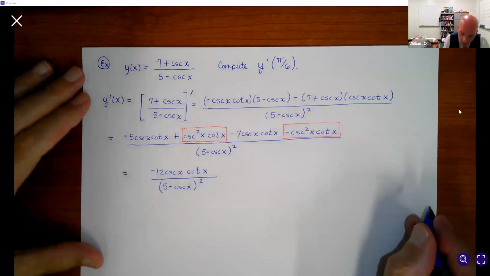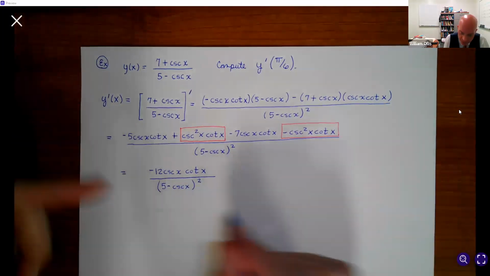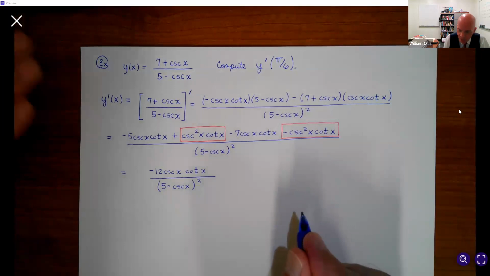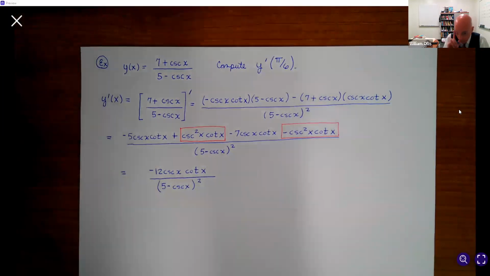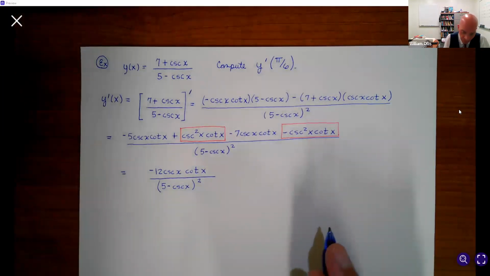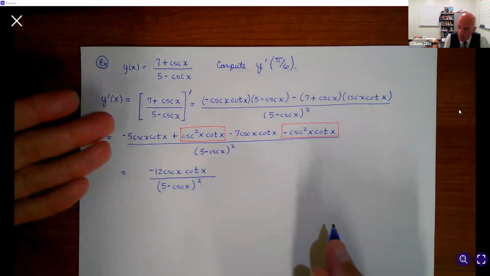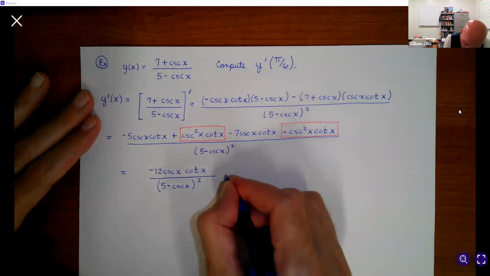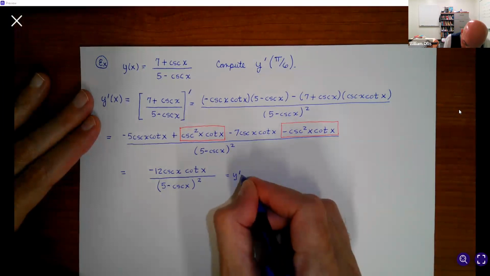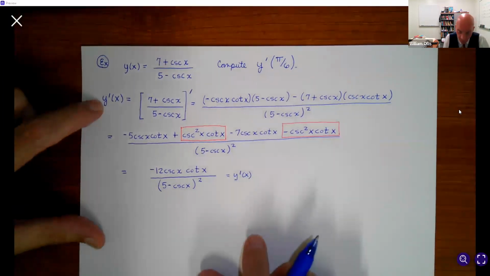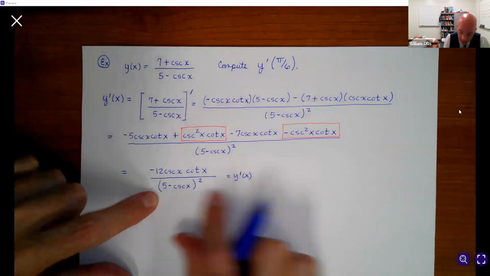So what you can do at this point, you're thinking, well, this is fairly simple. There's no need to try to simplify it anymore. And then you could think, well, we can now do the substitution. So this is the y prime. I'll just go ahead and rewrite that. We see this is the same. So this is what we've done.